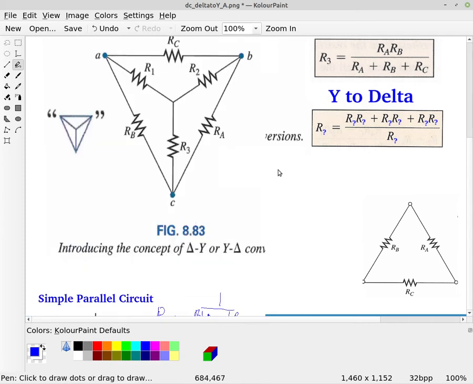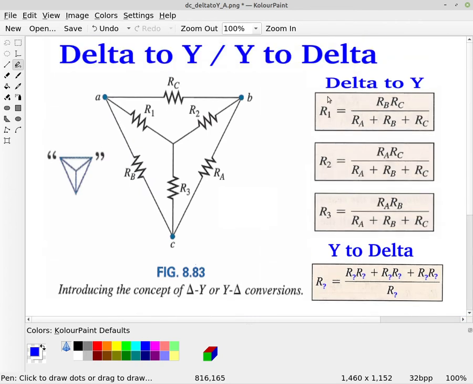Well, it's very interesting. If you're going from a delta to a Y, notice that we have three resistors, and in the denominator, to go from the delta, which is basically the parallel circuit, into the Y, which is kind of a series connection, all you do is add those three resistors.